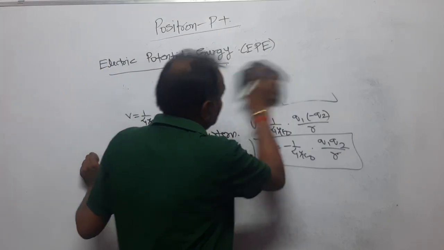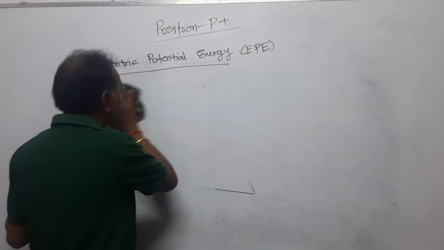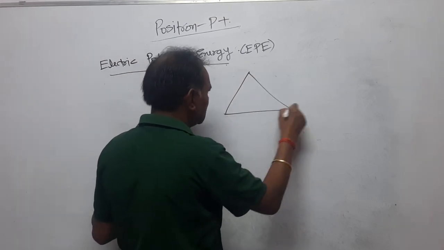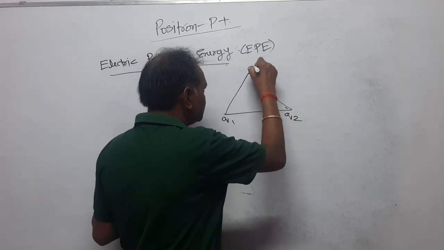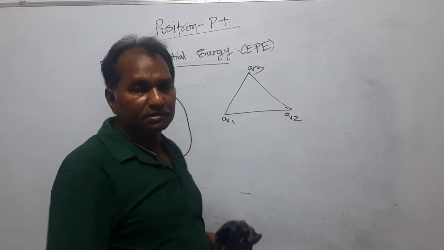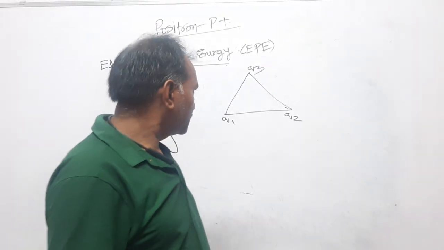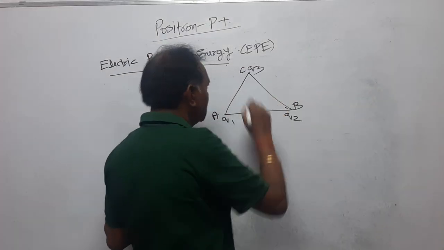Now, if there are three charges, let the three charges be Q1, Q2, Q3. You have to find the potential energy of this system.